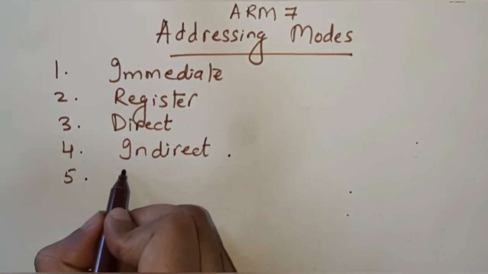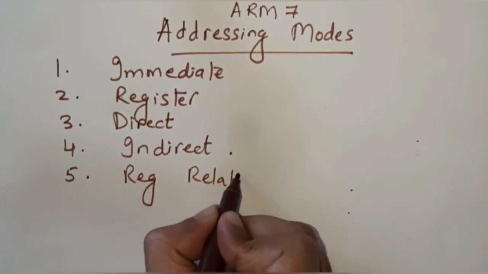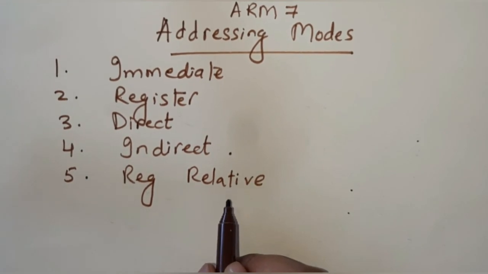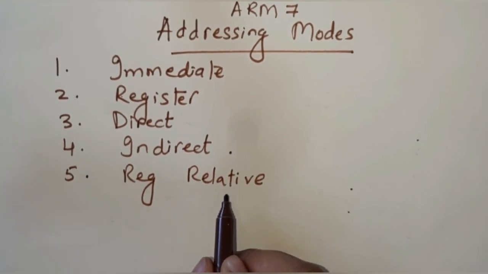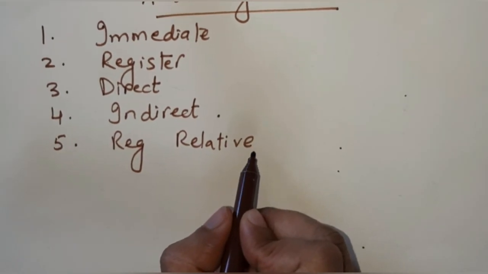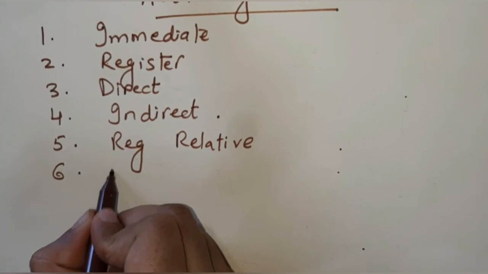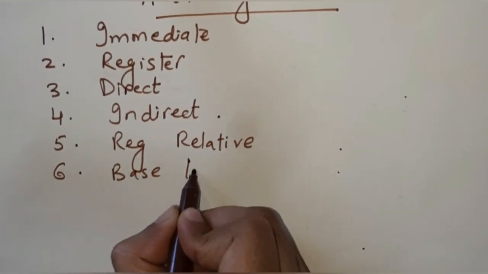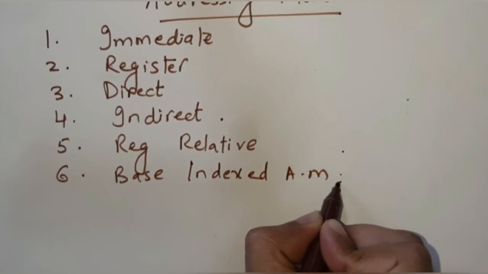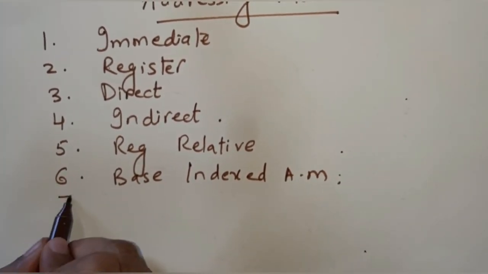Then fifth, register relative addressing mode. In this, the register's location is incremented by the displacement value and the content is moved to the new location. Then we have studied base indexed addressing mode, in which the address is given by the sum of registers.